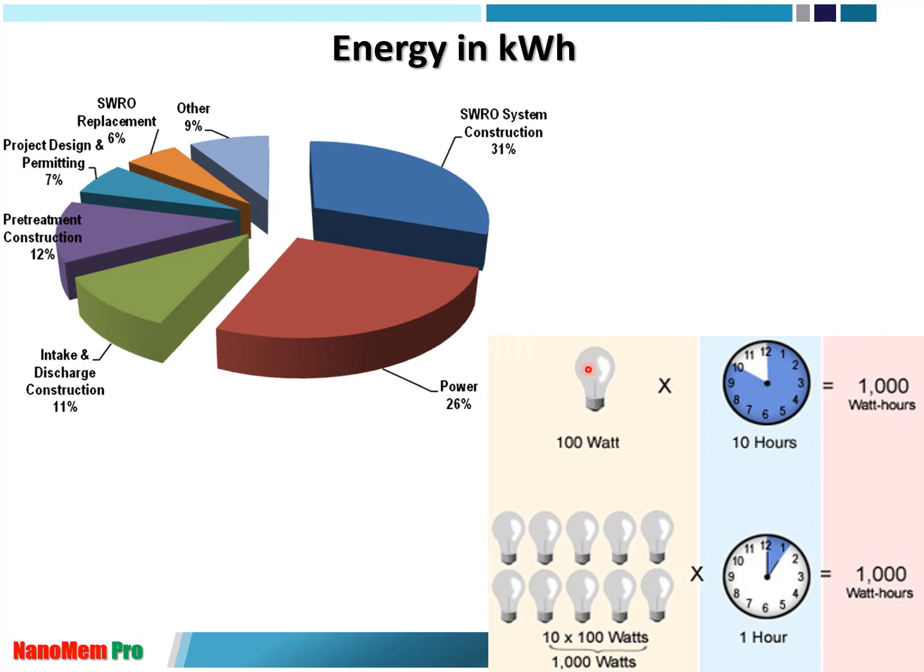When you consider a 100 watt light bulb for 10 hours, we have 1 kilowatt hour.